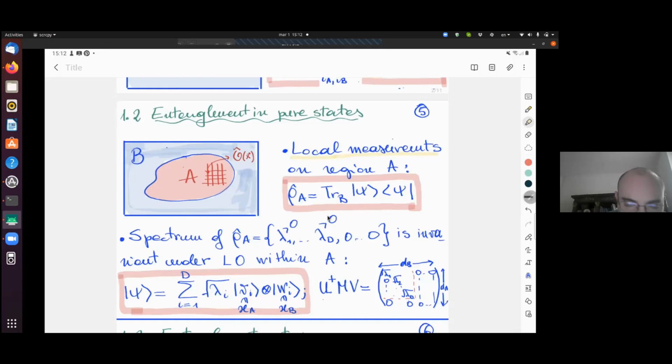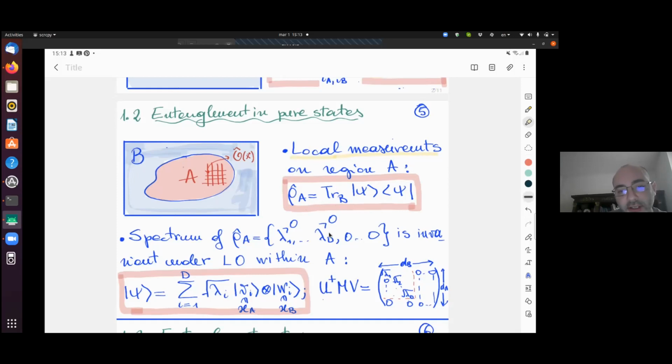And in fact, the notion of entanglement can be understood just by looking at the spectrum of this matrix rho A, which in terms of the matrix M, which I wrote before, is just M M dagger. So it's Hermitian and positive, or I mean, its eigenvalues are all non-negative.